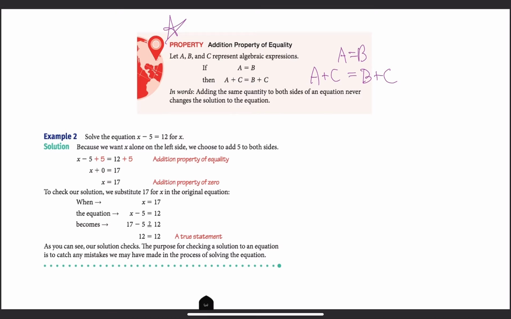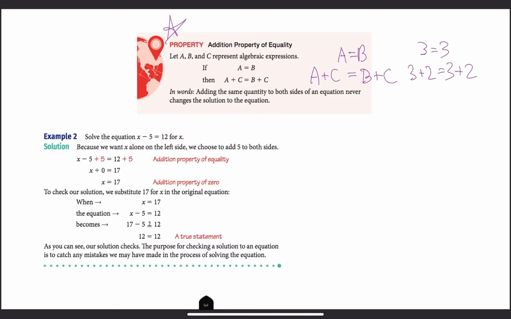In words here, they say adding the same quantity to both sides of an equation never changes the solution to the equation. Think about something really basic, like 3 equals 3. What happens if I take 3 and I add 2? Well, on the other side, it is 3 plus 2.